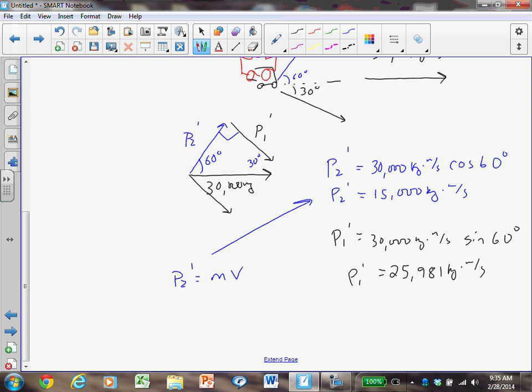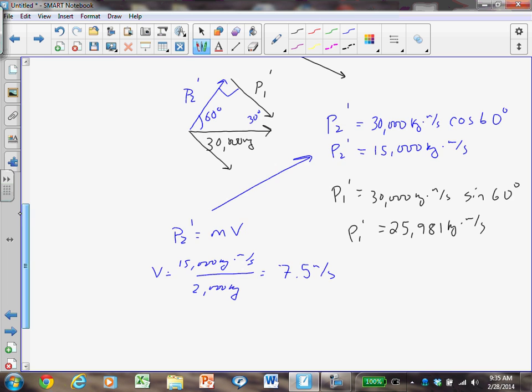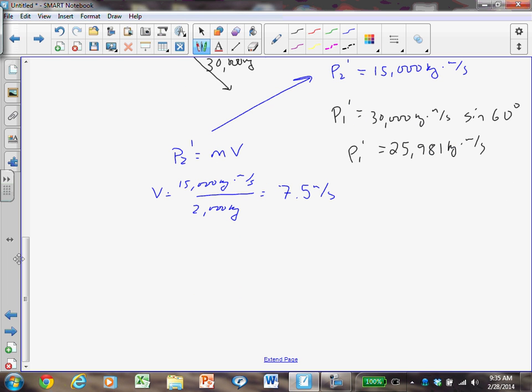So V would be 15,000 over 2,000, or 7.5 meters per second at 60 degrees north of east, right?